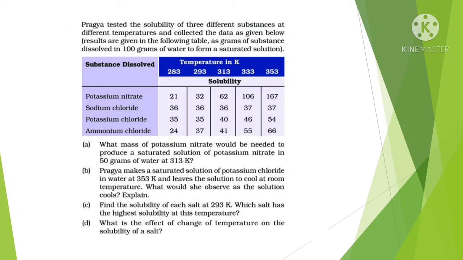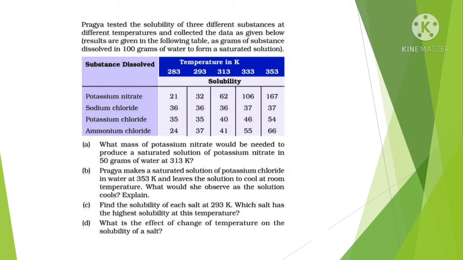The solubility of potassium chloride is 35 at 293 Kelvin and the solubility of ammonium chloride at 293 Kelvin is 37 grams. We can see that the salt that has the highest solubility at 293 Kelvin is ammonium chloride.